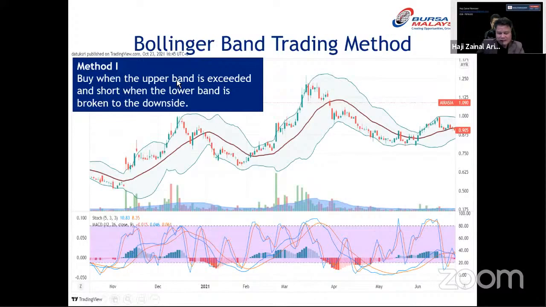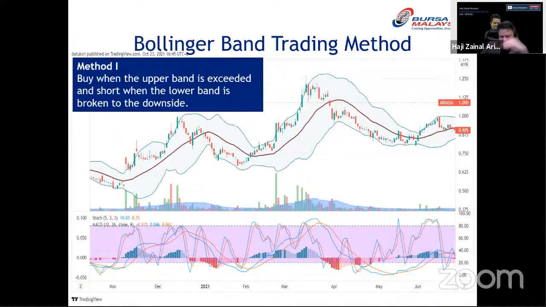Buy when the upper band is exceeded, which means that, for example, here you can see the price breaks the upper band, and it always stays at this upper band, or we call it walking with the band. So that means the price is rising, and that is where we buy.